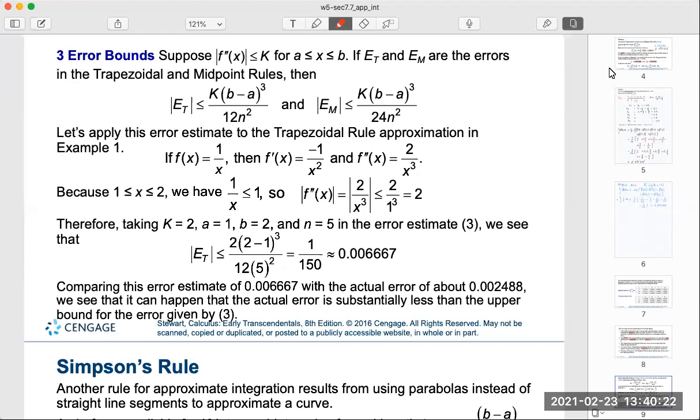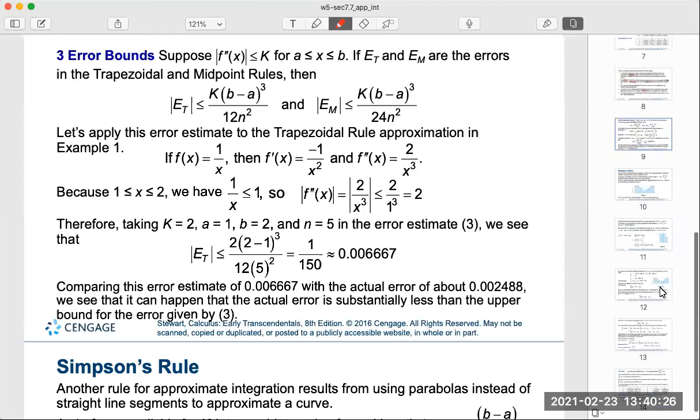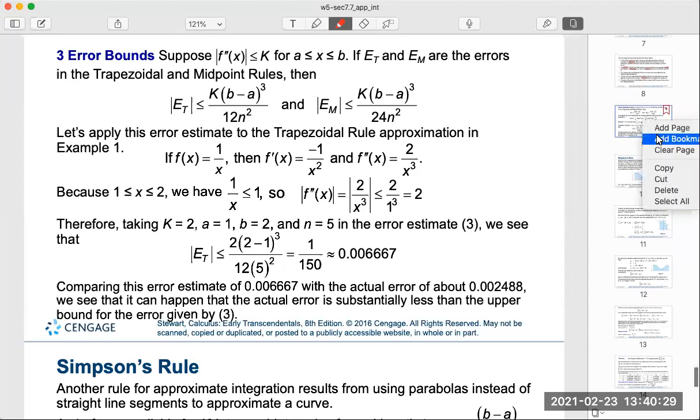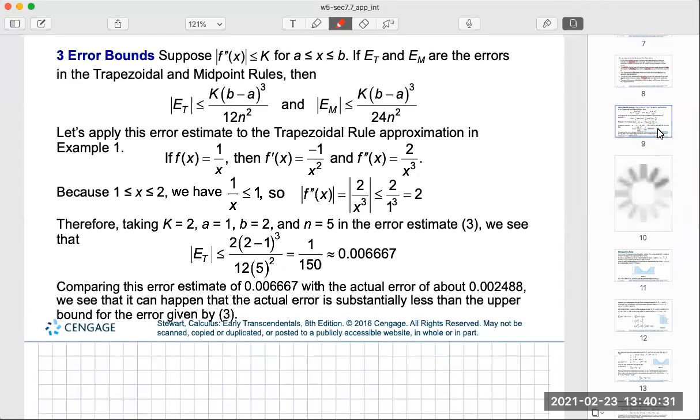Okay, let us study this example. I think we can do it quickly. If the function f of x is 1 over x, we can compute the first derivative, applying the quotient rule. Then the second derivative, which is the derivative of the first derivative, gives us 2 over x cubed.